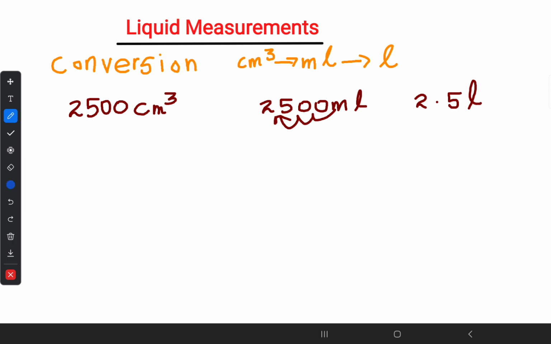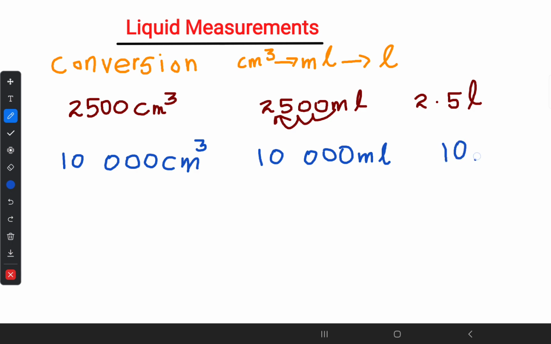Then another question. Here I'll give you 10,000 milliliters. First, let's find the cubic centimeters. Exactly the same, 10,000 cubic centimeters. Then let's find liters. If 1000 milliliters equals 1 liter, 10,000 milliliters equals 10 liters.